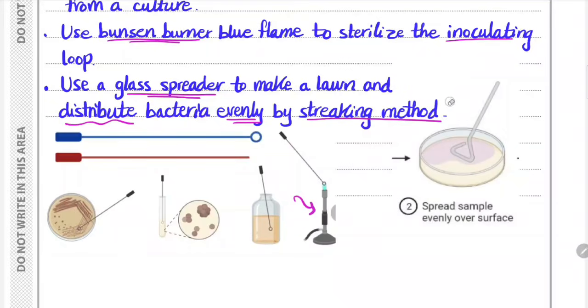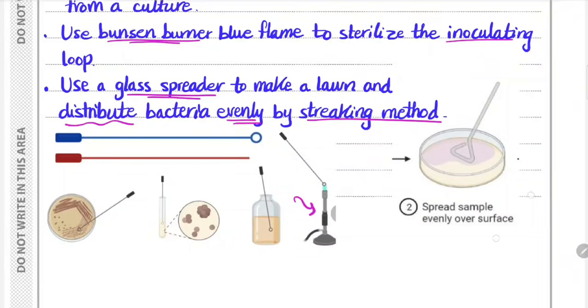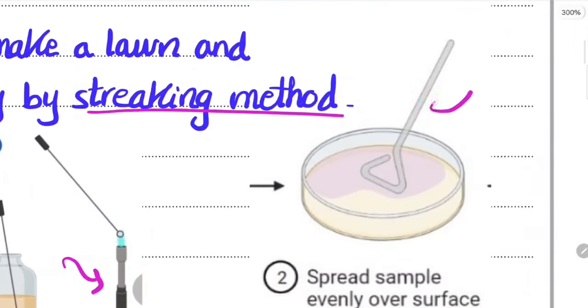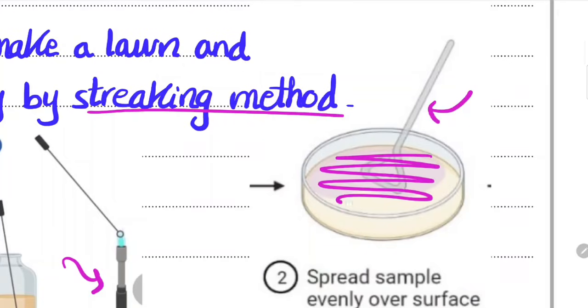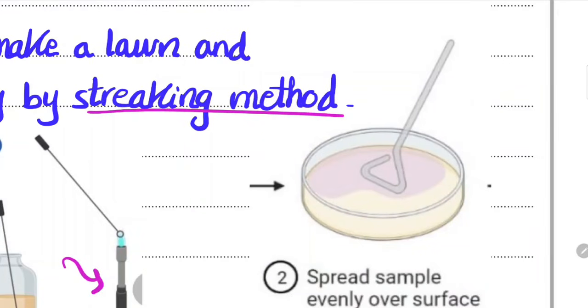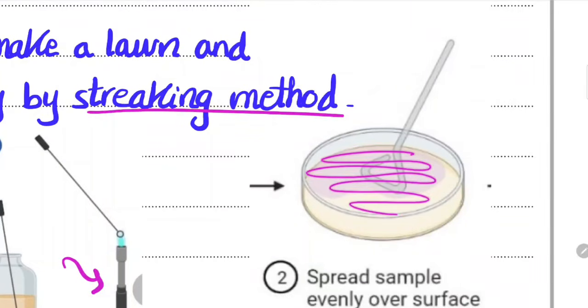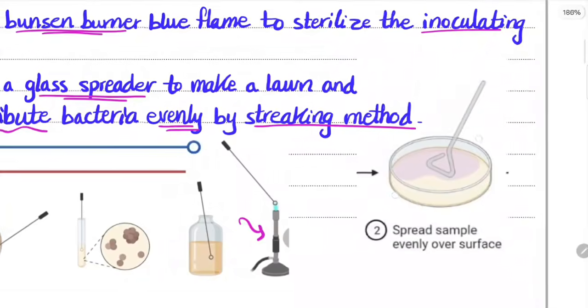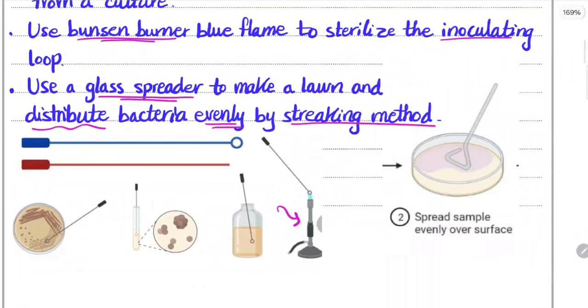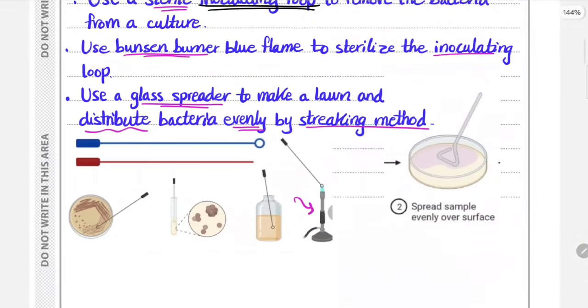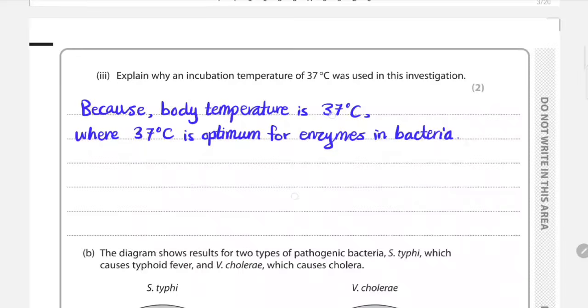This wasn't mentioned in the marking scheme, but I think we can add it. This is the glass spreader that I'm going to use, and I'm going to use the streaking method. Streaking method is that I should distribute the bacteria in that way in order to be evenly distributed along the nutrient petri dish. Alright, next question.